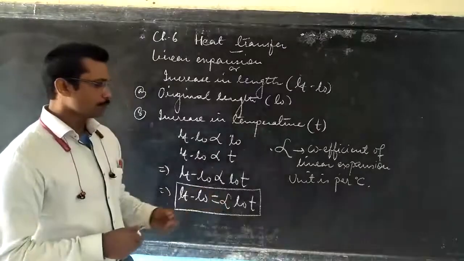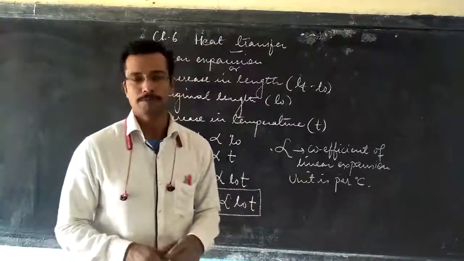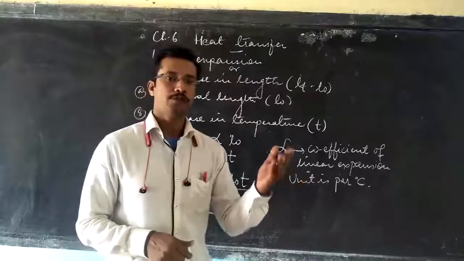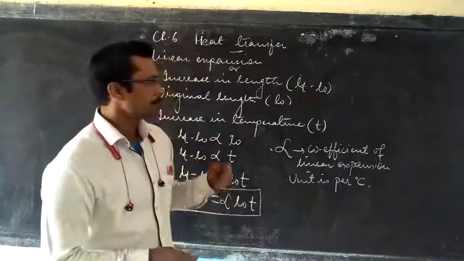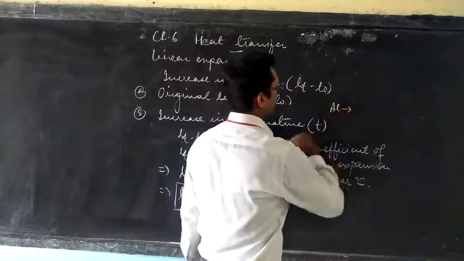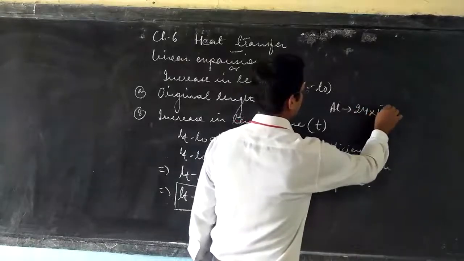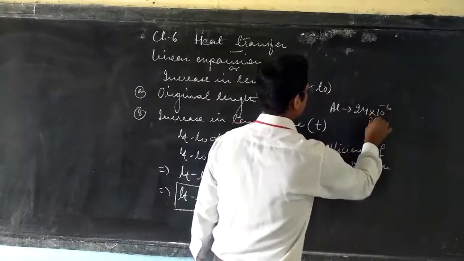Now this coefficient of linear expansion will depend upon the material of the rod. Different materials have different linear expansion. For example, aluminium has a coefficient of linear expansion equal to 24 into 10 to the power minus 6 per degree Celsius.